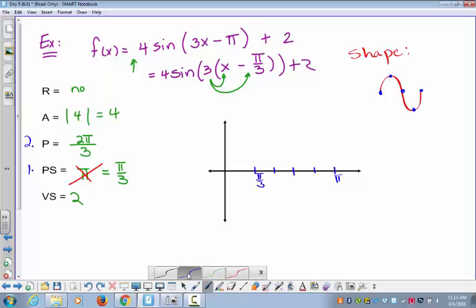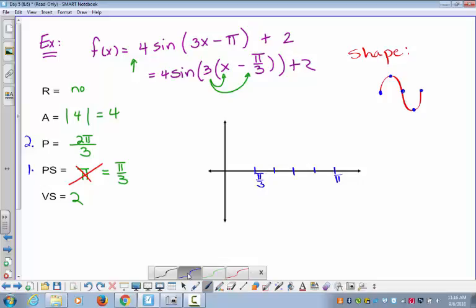So the shift is always the opposite of what's here. When we see negative pi over 3, that's a shift to the right. And if we saw plus pi over 3, that would be a shift to the left. So that shift's always the opposite of whatever is there. Whatever we see, minus pi over 3 means the shift is actually to the right pi over 3, not to the left. So it's always opposite of what we see.